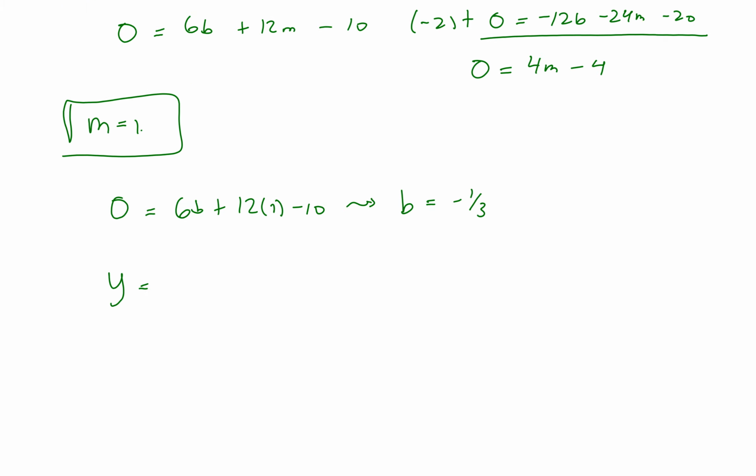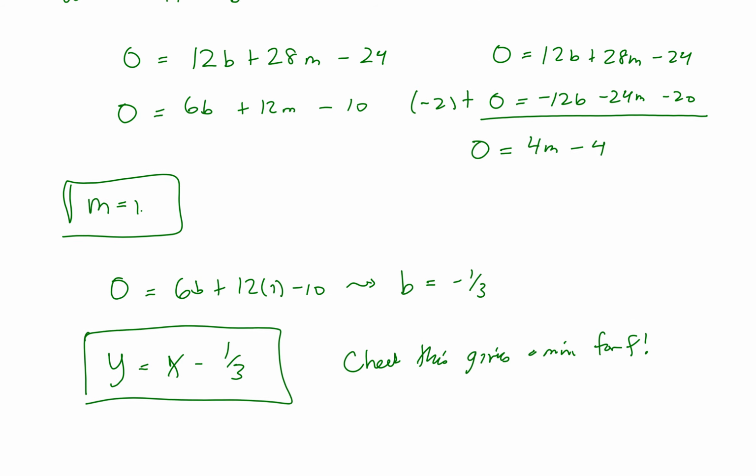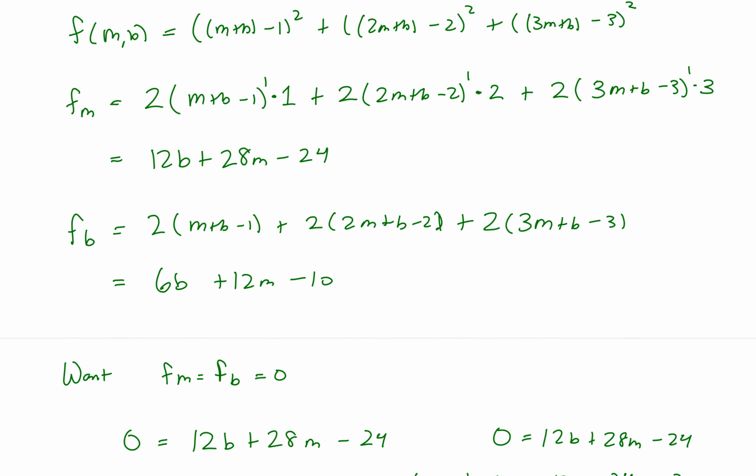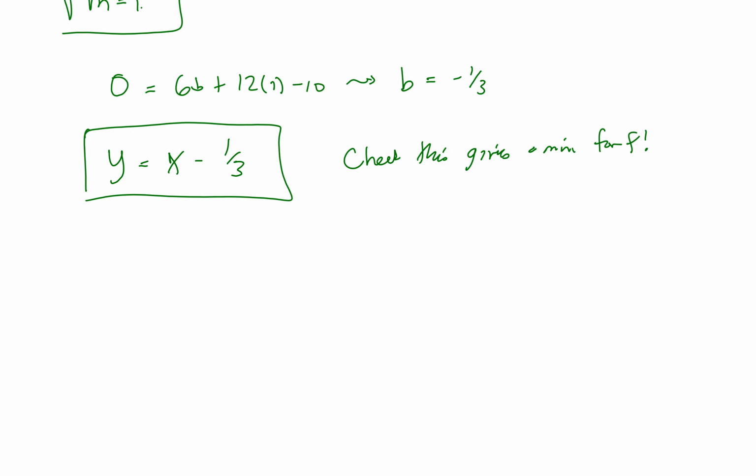So what we've come up with is we think the line should be x minus 1/3. But now we still need to check this gives a minimum for f. So we can go ahead and do that by taking, remember we have these partial derivatives right here, we just take the partial derivatives of those for our second derivative test.